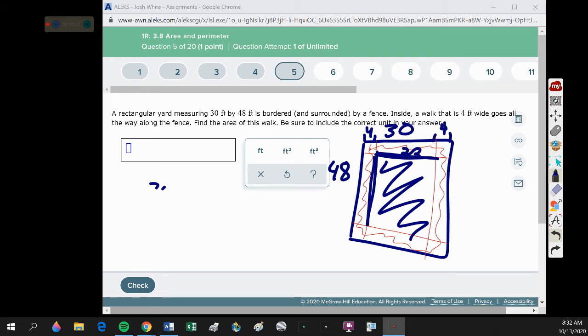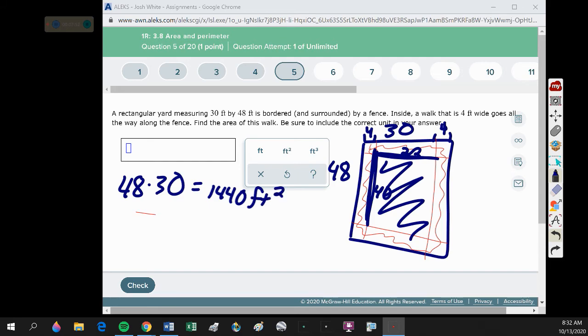Okay, how big is this? 40, because there's four extra feet on the top and 4 extra feet on the bottom. Okay, now what do I do? So 48 times 30. Let me calculate that. That is 1440 square feet.